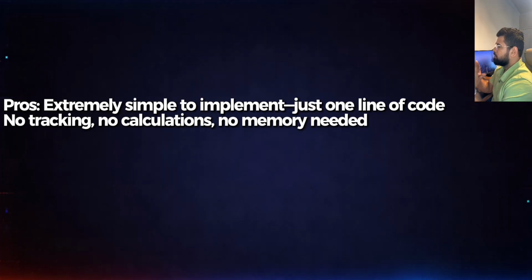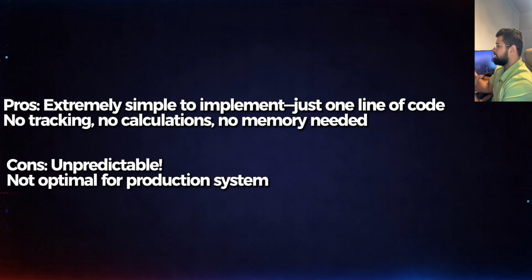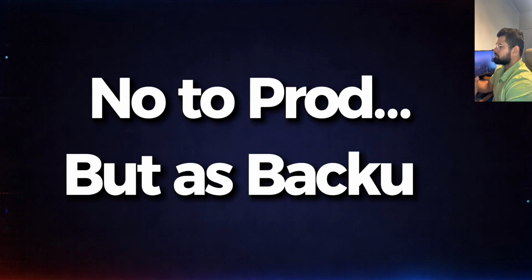No tracking, no calculations, no memory needed. Works okay if all servers are identical and you have lots of traffic. But cons: unpredictable, you might randomly send 10 passengers in a row to Gate A. Not optimal for a production system, and no intelligence whatsoever.